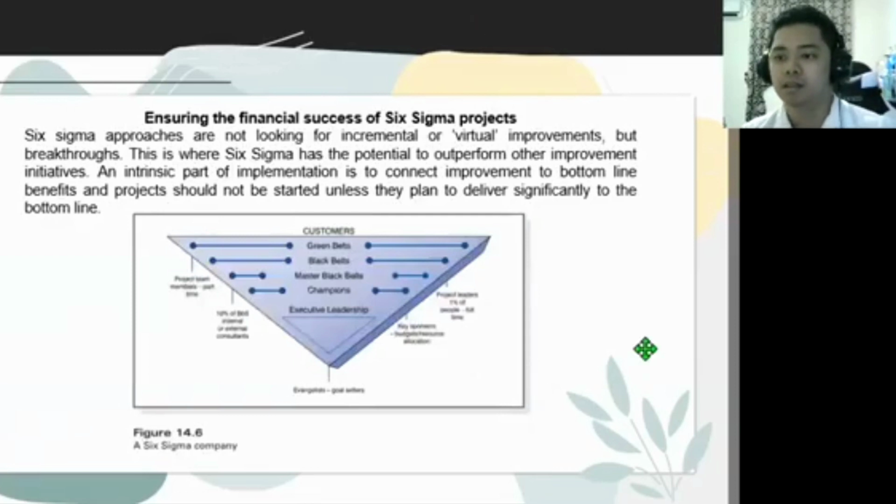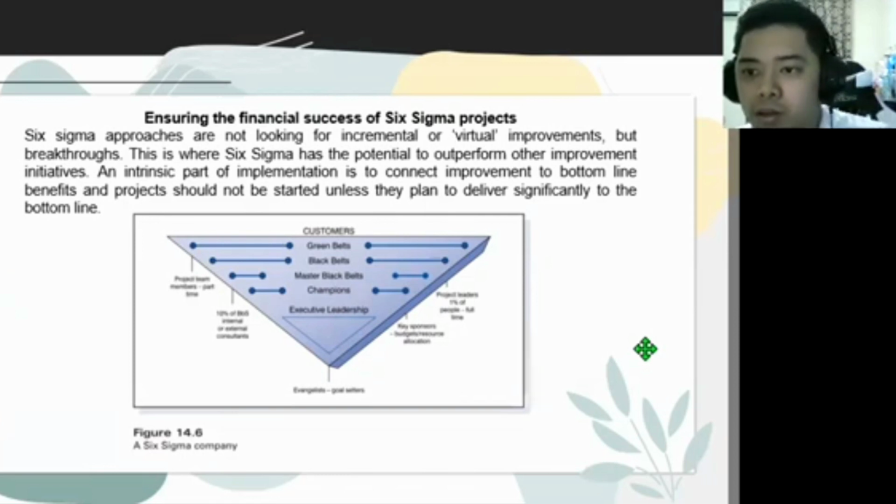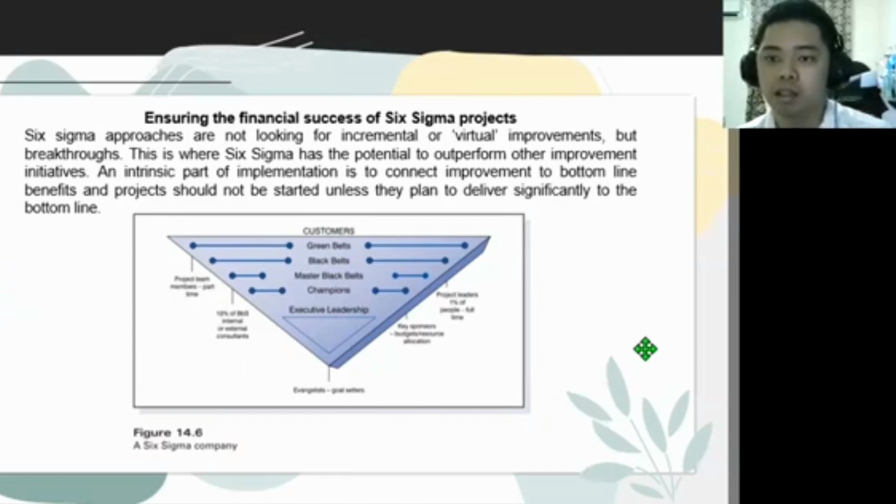Then, next is ensuring the financial success of Six Sigma projects. Six Sigma approaches, you are not looking for incremental or virtual improvements, but the breakthroughs. This is where Six Sigma has the potential to outperform other improvement initiatives.